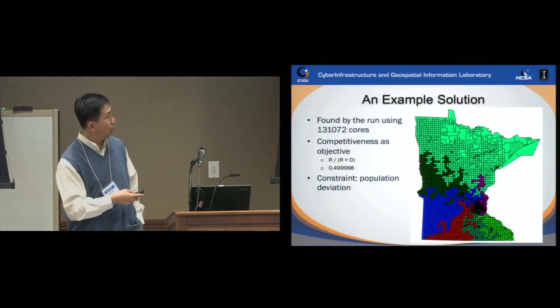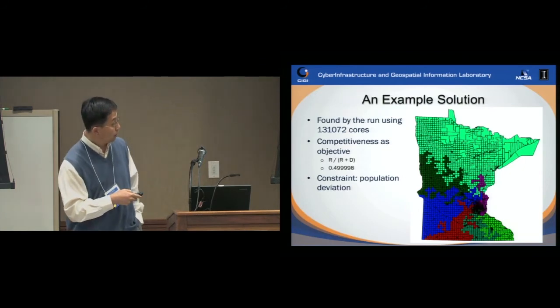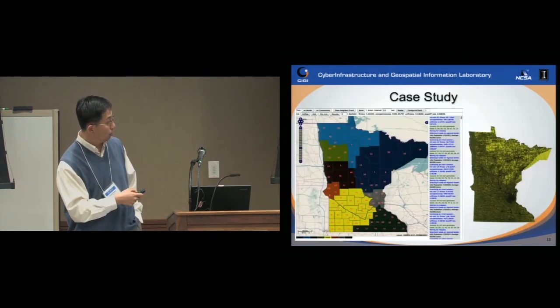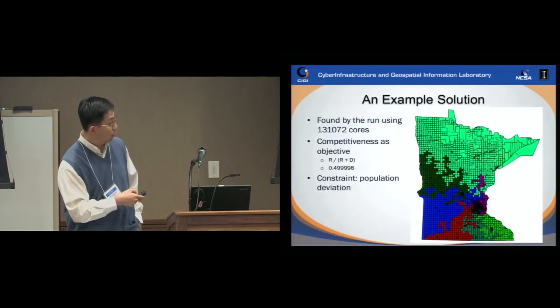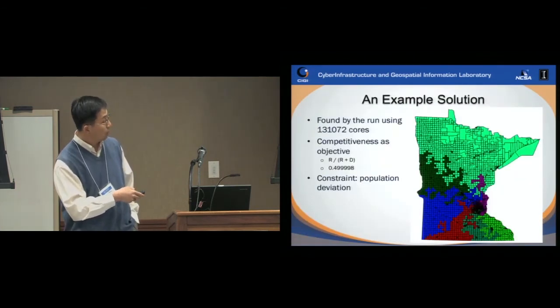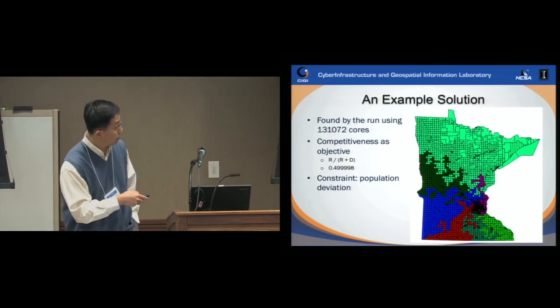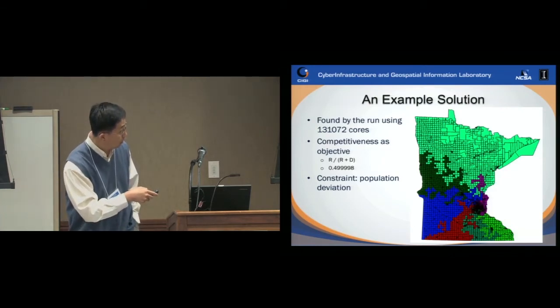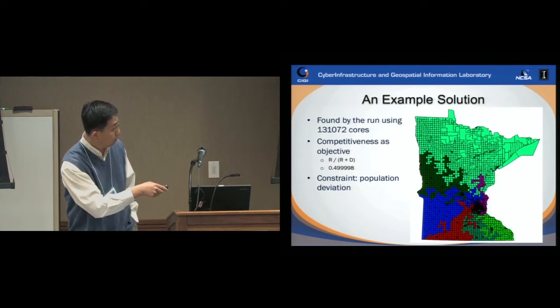I was talking to you about what this means for the kinds of solutions we could get. I showed you a perfect example if we operate at county level. But if we are talking about voting districts, this is an actual solution coming out of the later evolution of the genetic algorithm. You see very small penetrations into the large, less populated areas of Minnesota.